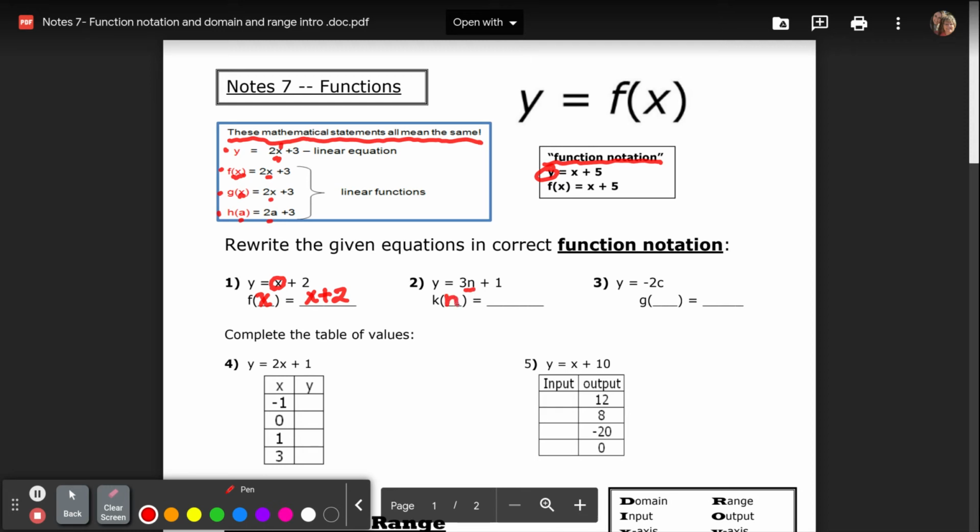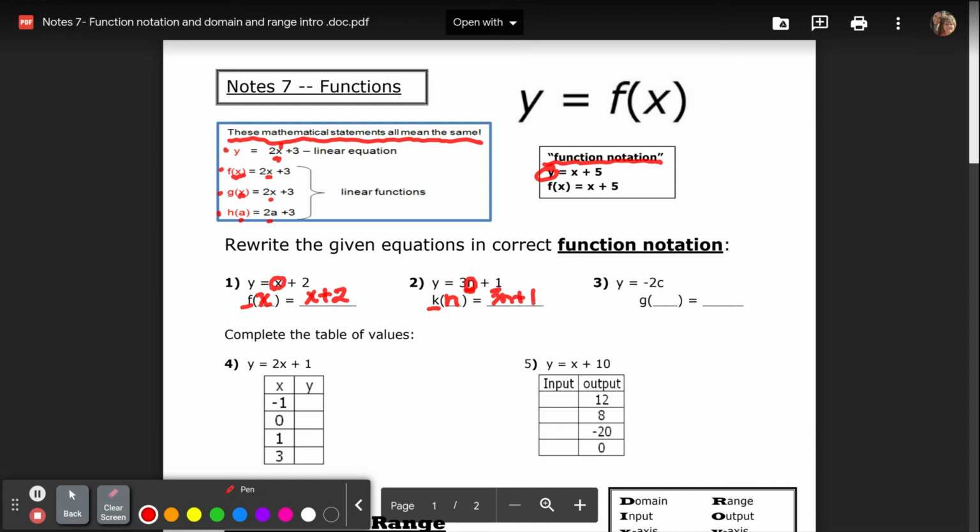And again, it really does not matter what the outside variable is. It can be f, it can be k, it can be a, it can be c, it doesn't matter. But the variable inside the parentheses needs to be the same variable that's in that expression. And then you just copy this down, 3m plus 1.